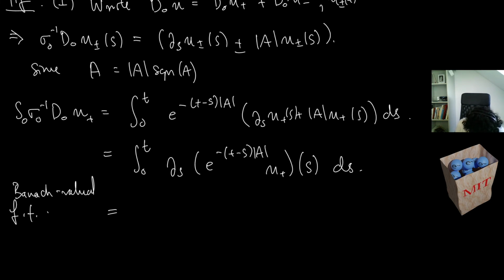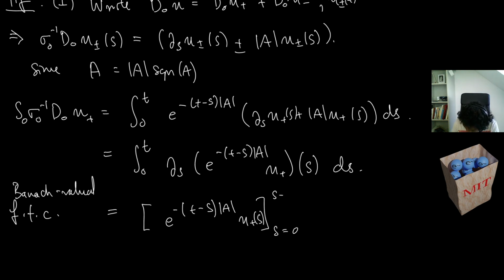Then this allows us to write this as e to the minus t minus s modulus a u plus, and we evaluate it at s equals 0. Well, there should be an s here, and s equals t.